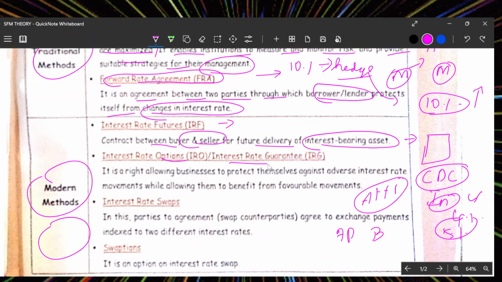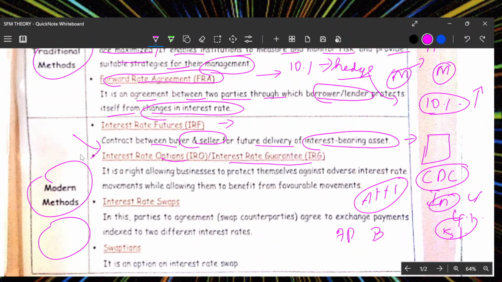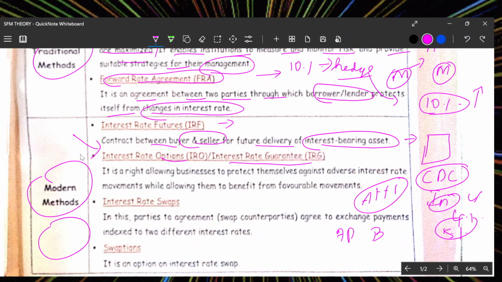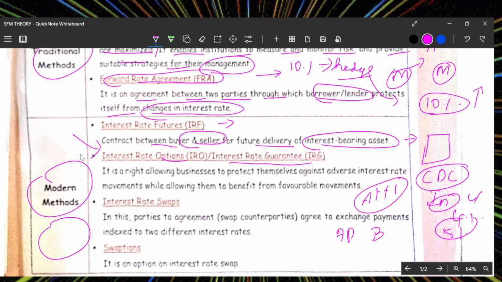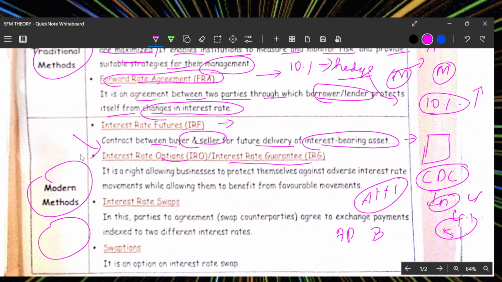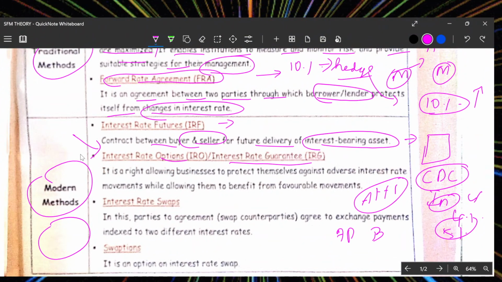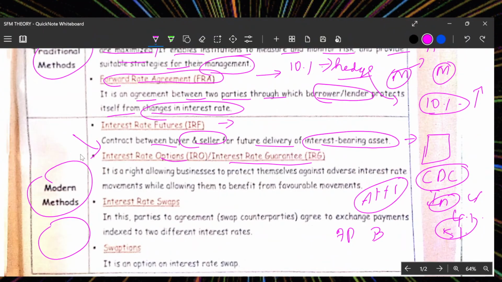Interest rate options and interest rate guarantees. What is an interest rate option? Say I require a loan, or I have this amount and I'm interested in buying something next month. Or I have a bond that I need to sell, and I think it will be priced at this level, so I want to sell it at this price. Is anyone willing to buy it?